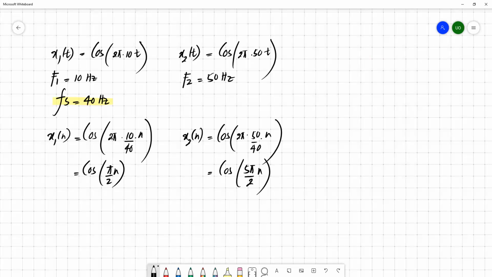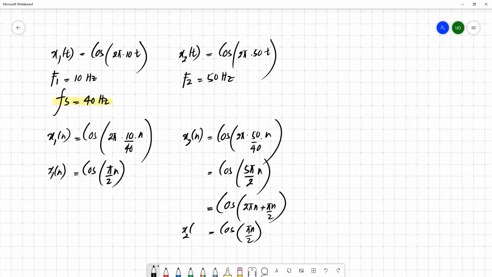What happens if you elaborate this more? This is cos 2 pi n plus pi n over 2, since 5 pi n over 2 can be rewritten as 2 pi n plus pi n over 2. Cos of 2 pi plus theta gives cos theta, so this equals cos pi n over 2.